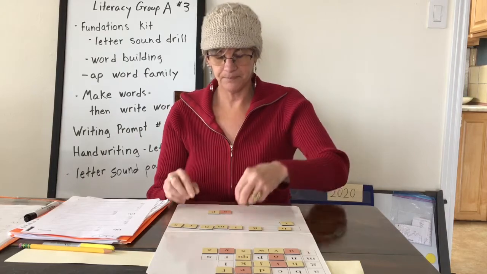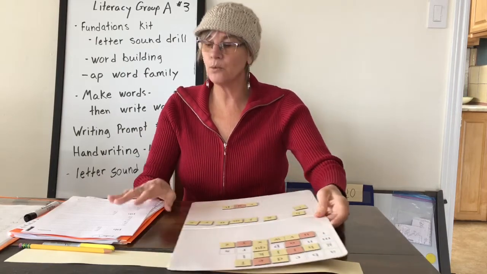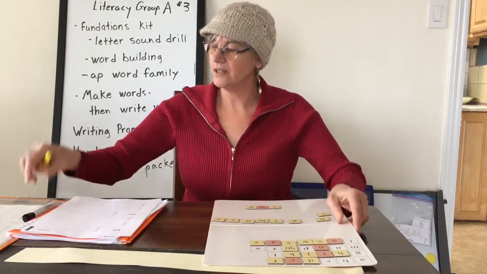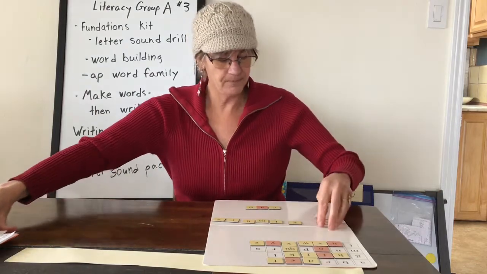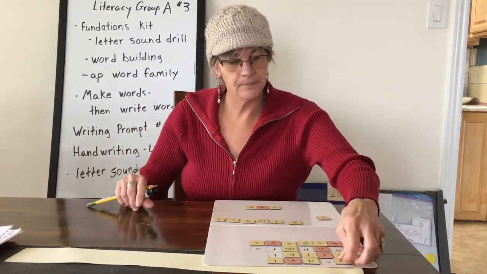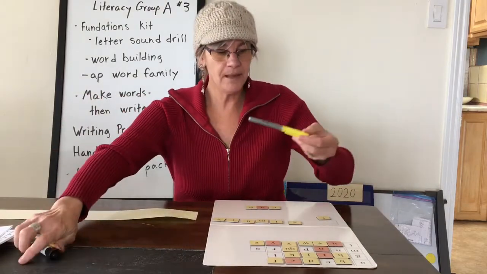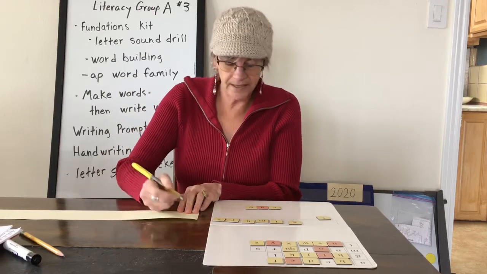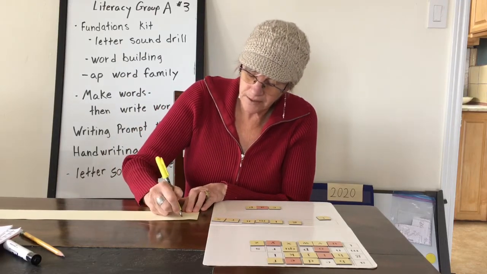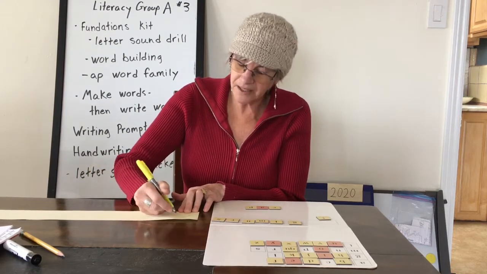Cap. When they have made their word, today we're going to have them writing their word. As they make their words, the first one is going to be cap. And you can highlight it for them. They're going to be writing the first word that they built in the AP word family.